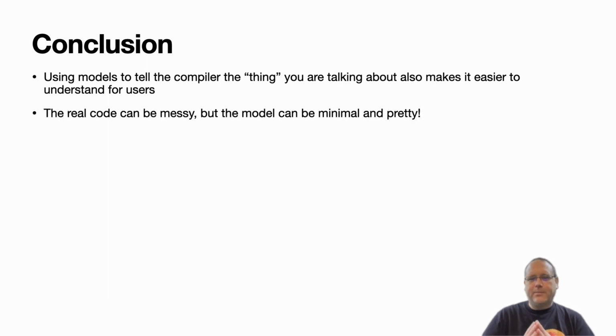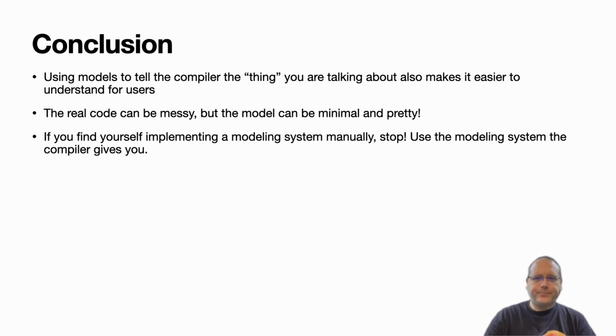The real code can be messy, right? You can visit the links that I put on my talk, and you can see how the code works, and it's not always pretty. But that's okay, because the user doesn't see that. They just see the model and the usage. The implementation can be messy.